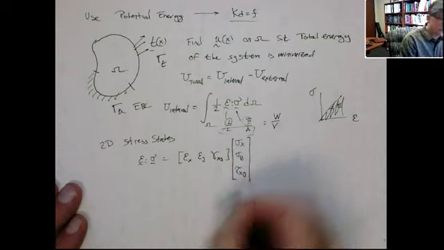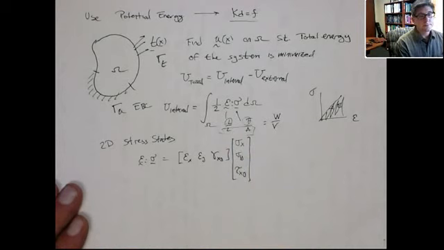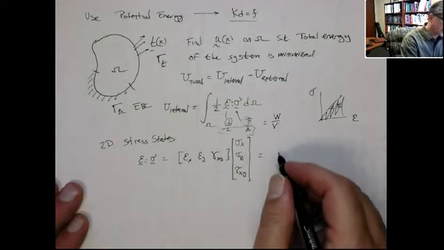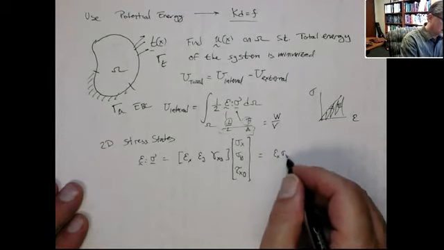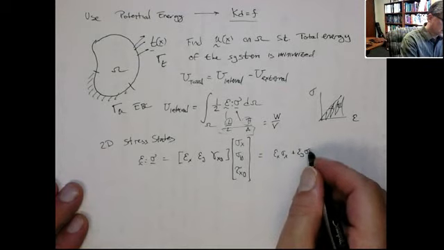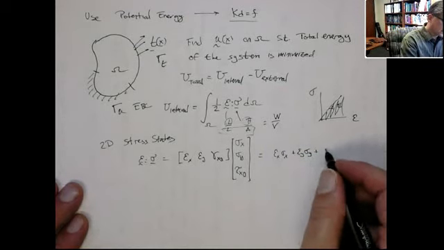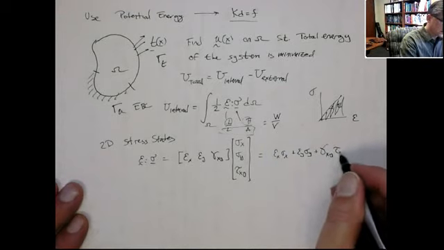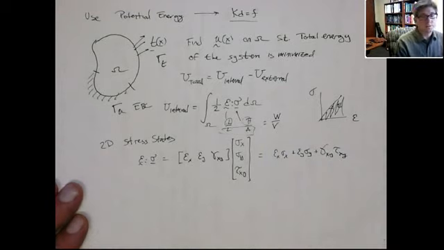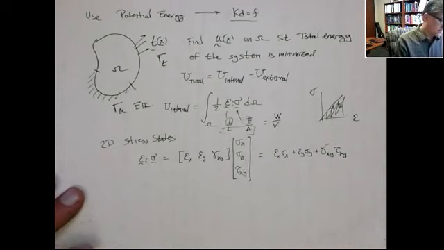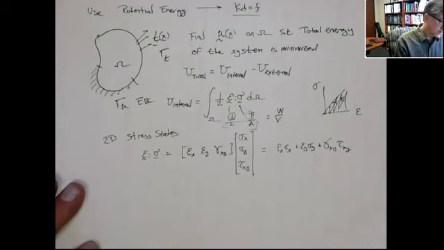So those are the work conjugate components. All right. And if you write that out, you can see what that gives you, the dot product of that, if you will. Okay, that's the total energy. Okay. All right.